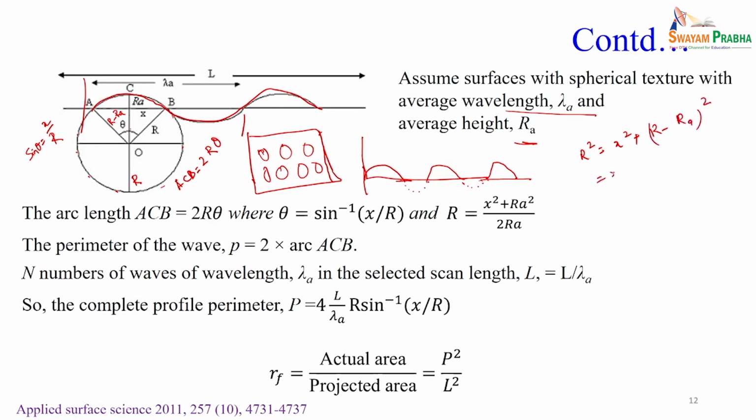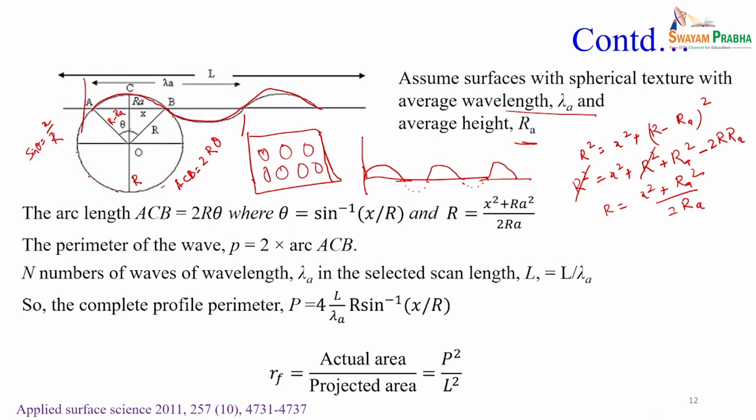So, this will be simply x square plus r square plus r A square minus 2 r r A. We will cancel out r square, so we will simply get the value of r is equal to x square plus r A square divided by 2 times r A. So, here simply if r A and x are known, we should be able to calculate the theta as well as the r.